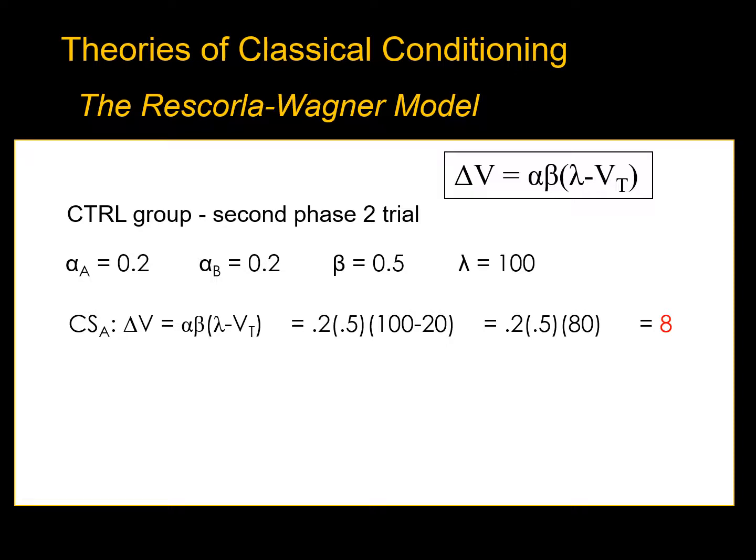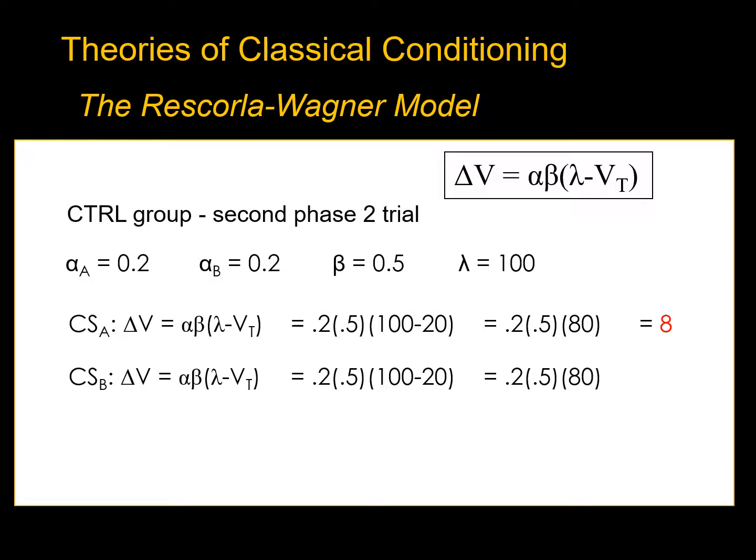So if you're talking about how much strength has been acquired by this CS or that CS, then you look at the individual numbers. But when it comes to how much of that learning is left that this US could support, you've got to take into account what's been learned by both of the CS associations. So CSA acquired 10 units, CSB acquired 10 units in the first trial, so that's a total of 20 of that 100 units that's been used up already.